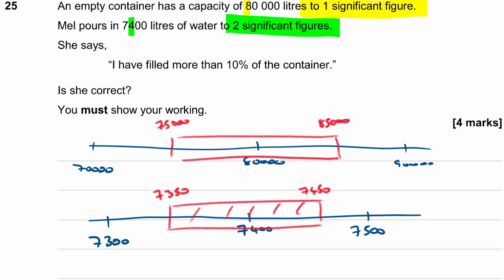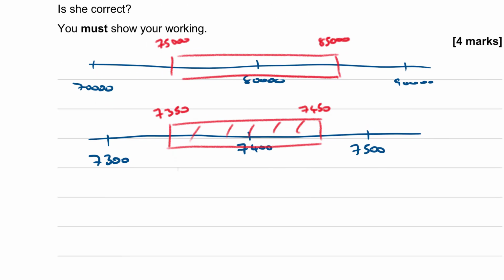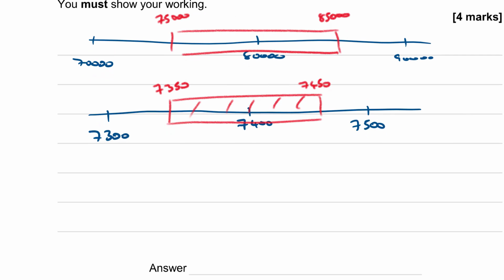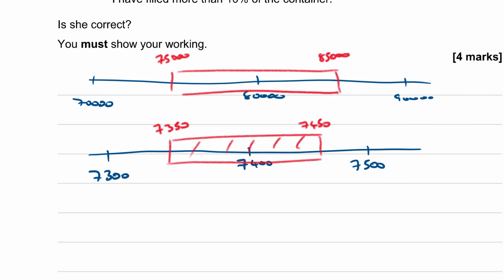Okay, so let's get on to the question that was asked. She says, I have filled more than 10% of the container. Is she correct? Now, to find a percentage, you're going to have to divide how much she pours in by the total. And we're going to get different values depending on whether we use the upper or the lower bound for each of these numbers. So I think what I need to do is work out the two limits of her answer.